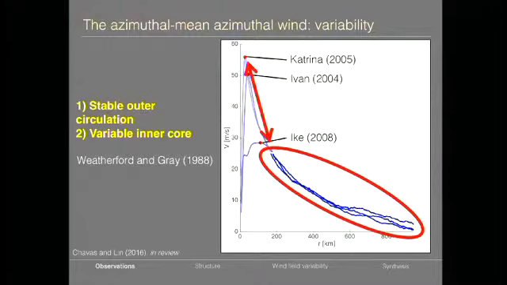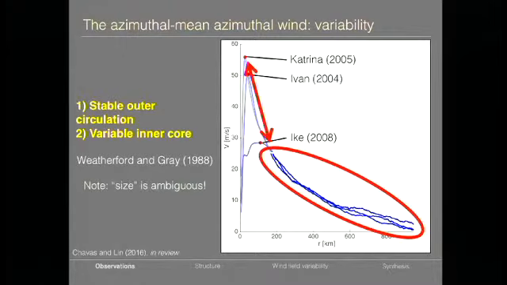And this large degree of variability is occurring where the outer circulation is basically exactly the same across all of them. This actually goes back to Weatherford and Gray in 1988. They pointed out when they looked at observations that the inner circulation seems to be able to vary while the outer circulation doesn't care at all. It doesn't seem to notice what's going on.